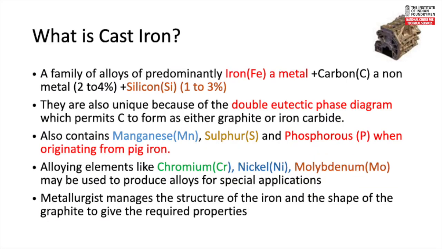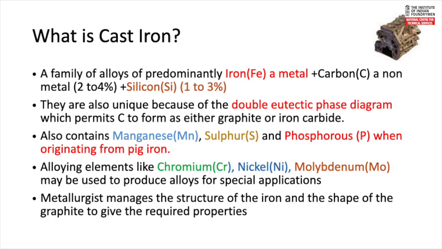The challenge for the foundry technologists or metallurgists is how do you manage the structure of the iron, that is the matrix and the shape of the graphite, so that you get the required mechanical properties. That's the trick.